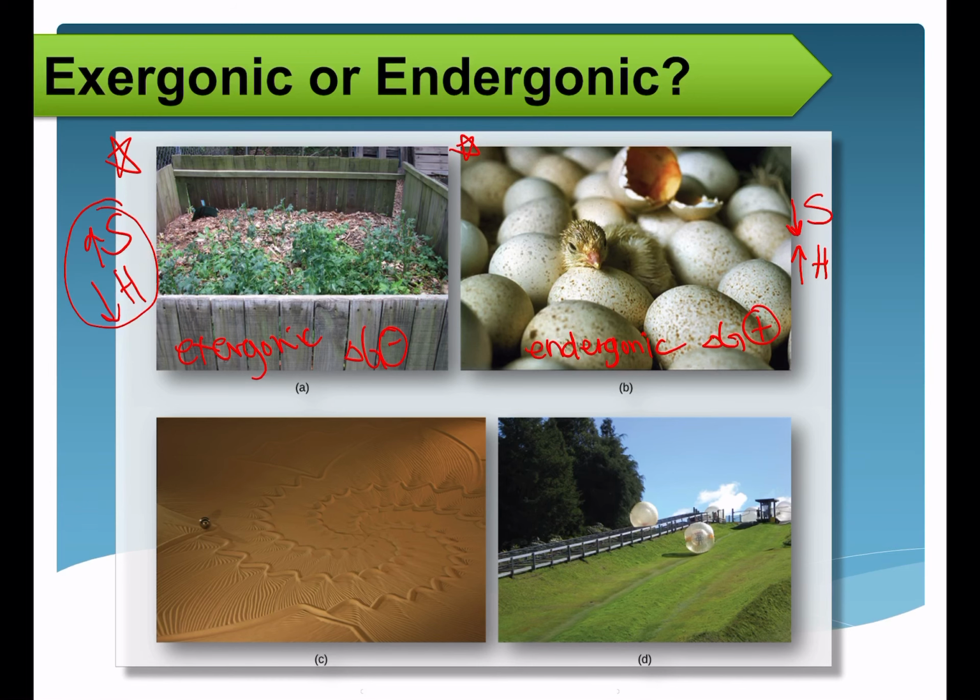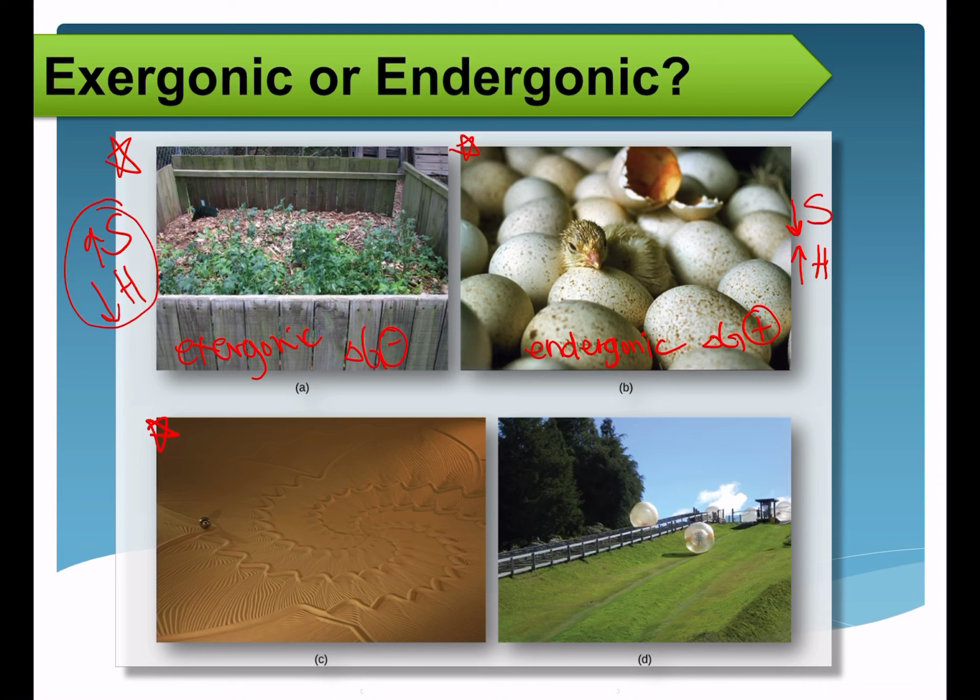Okay, now on to image C. In image C, you have a very neat pattern of sand art on the sand, as you can see by these little lines and spirals. Let's say someone decides to throw a ball into that nice pattern and let the ball roll all over the place. Now you've just messed up that whole nice sand art pattern.